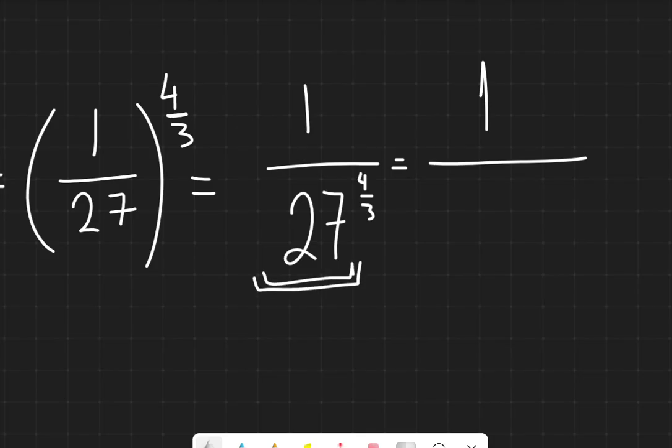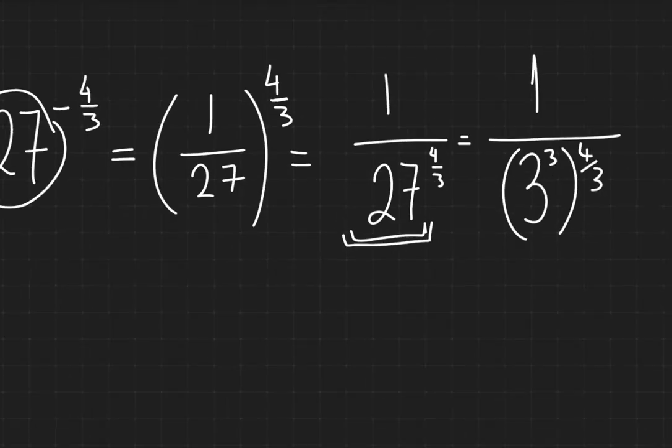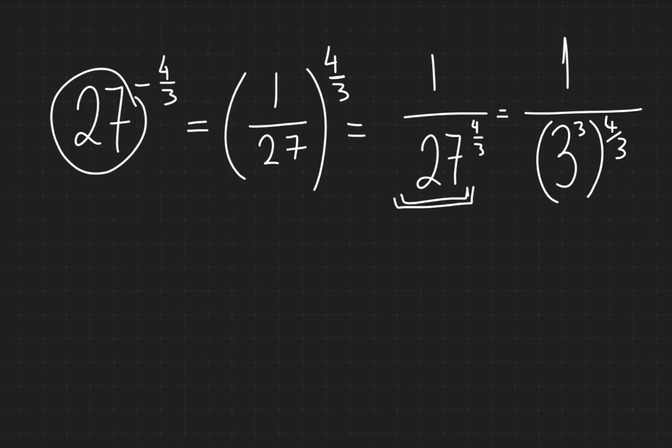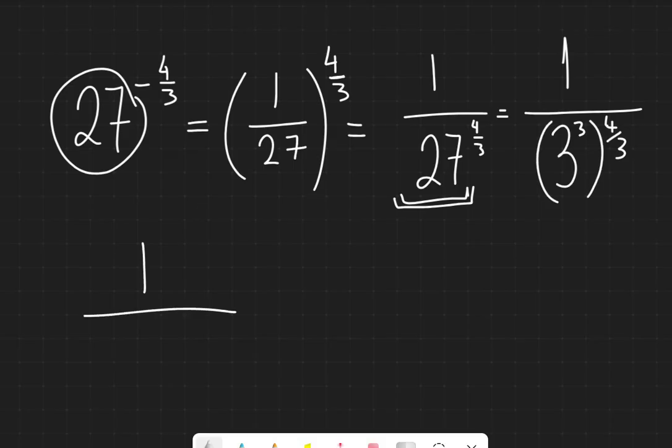It can be written as 3 to the power of 3, and then don't forget to the power of 4 over 3. Right? So we said double exponents, we would multiply the exponents. So it will be equal to 1 over 3 to the power of 3 multiplied by 4 over 3.